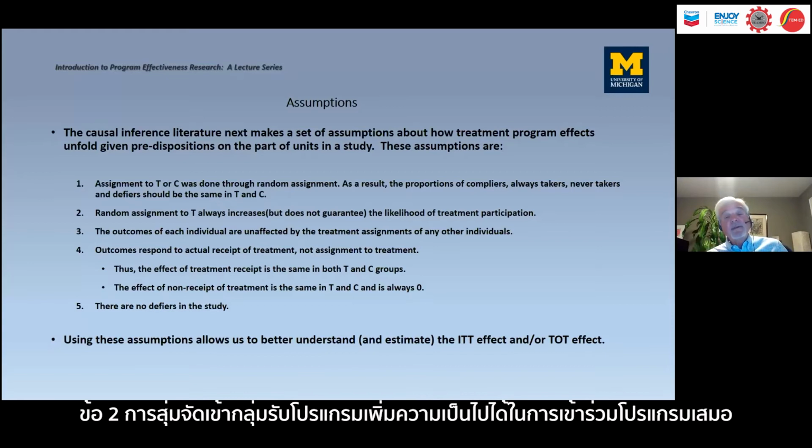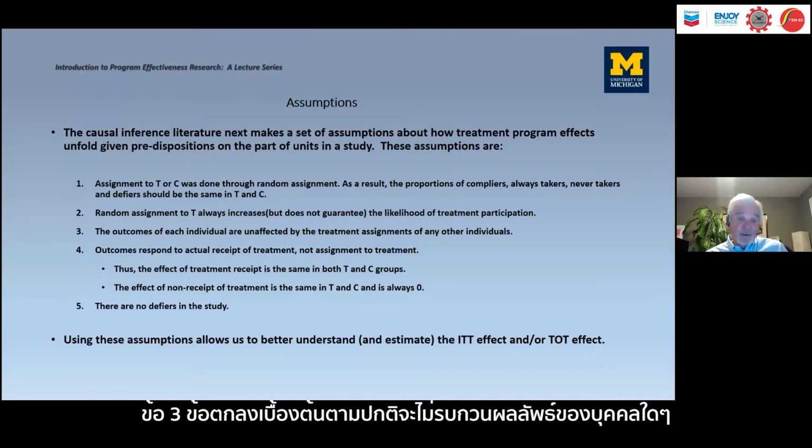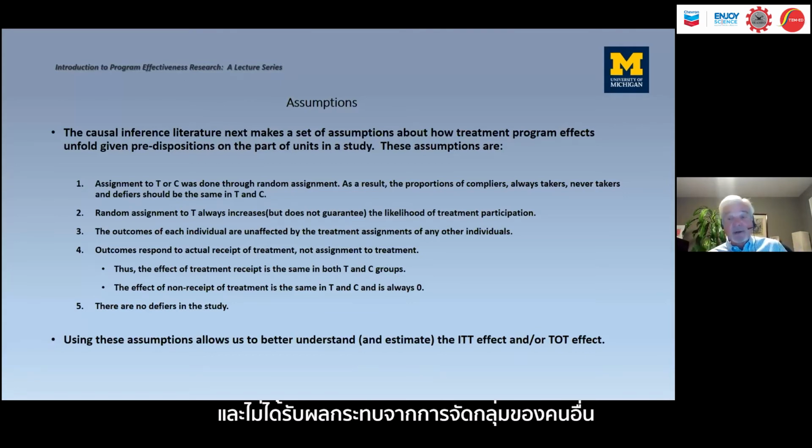The second is that random assignment to treatment always increases the likelihood of treatment participation. The third is the usual assumption, no interference: the outcomes of any individual are not affected by the assignment of somebody else. The next is that outcomes actually respond to receipt of treatment, not assignment to treatment.